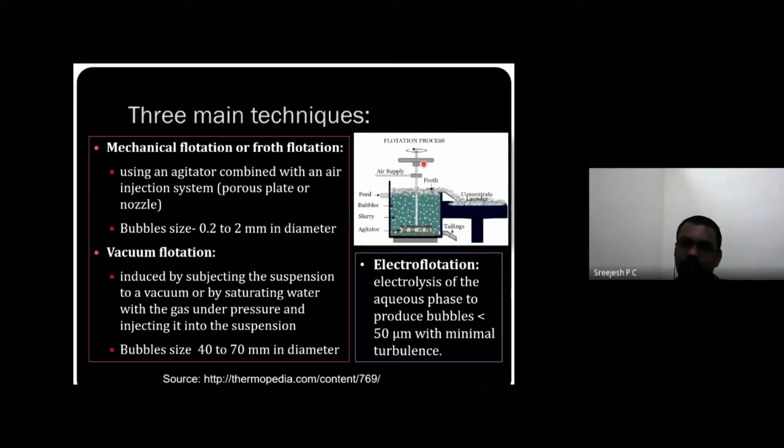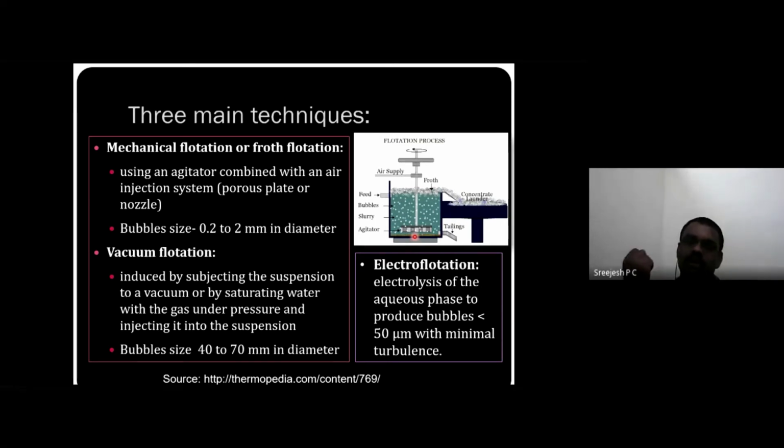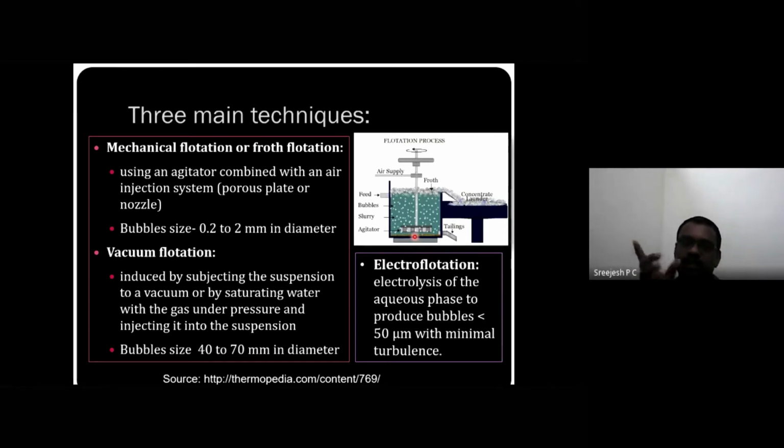What is the role of the agitator? The agitator helps in mixing of the entire broth. So uniform distribution of the content is possible with the help of an agitator.